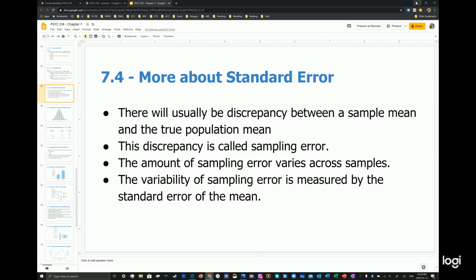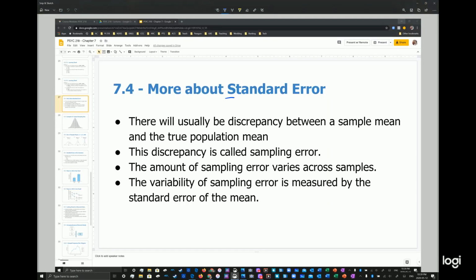Again, as we've discussed in our previous part of this chapter, the standard error is the standard deviation of the distribution of sample means.